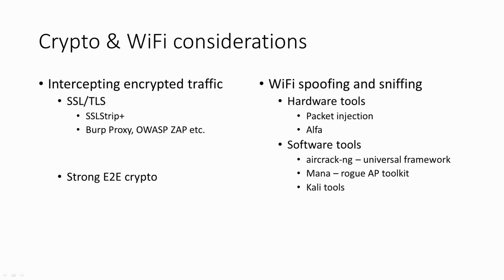Most probably there are some 0 days in the toolkits of superpowers out there, but I'm not sure this is the level of threat agent we have to emulate in our day-to-day activities. So once you encounter strong end-to-end crypto, which is not handwritten, so it's relying on some well respected protocols like the Signal framework, for example, Signal API.